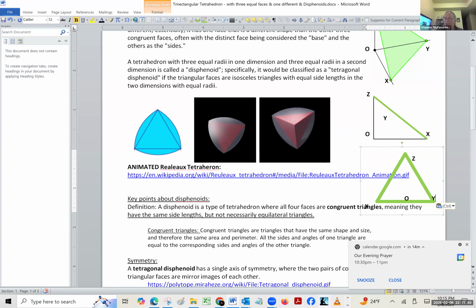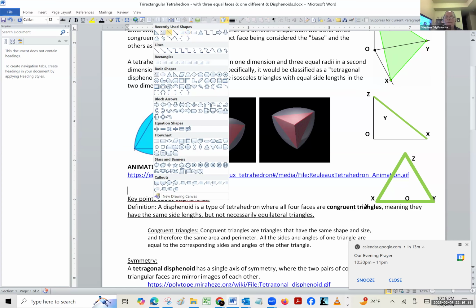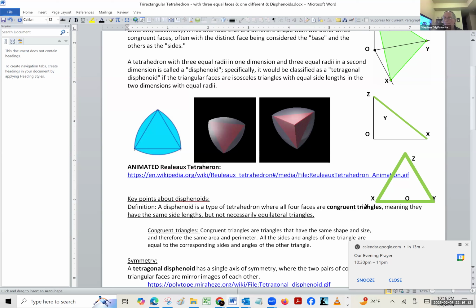And X is over here. Capital X. So there's X, there's O, and there's Y. And I could draw a vertical line here, and this becomes my Z to O plane, or my Z to O vector.